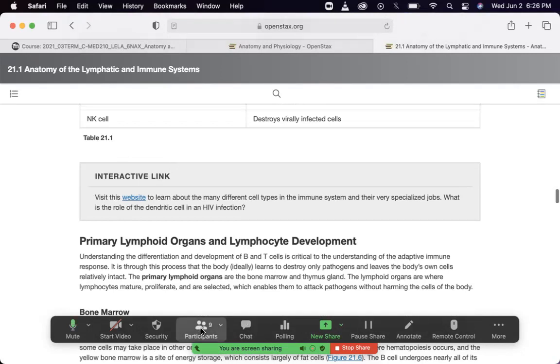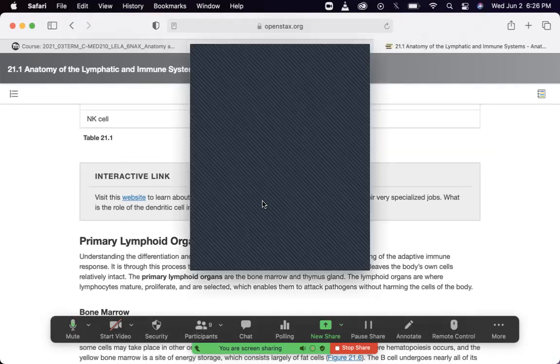Now, I went through a lot of stuff. Does anyone have any questions about what I went through? Because I was going pretty fast. No, I like how you were explaining it, though, Professor, from my standpoint, because I could really understand. Because that's the way you should be able to explain it to your patient. Because does your patient have your training and know what a soluble factor is?